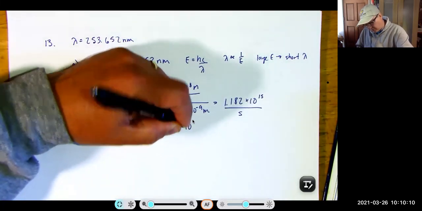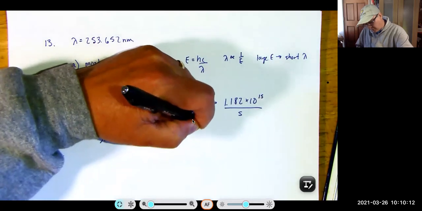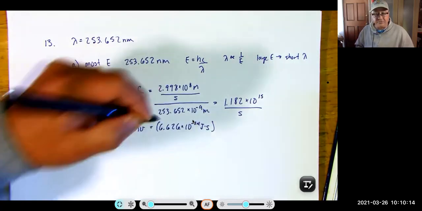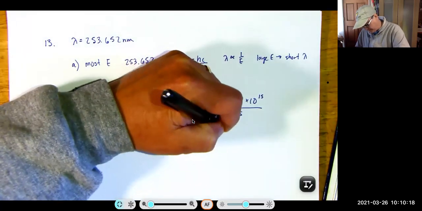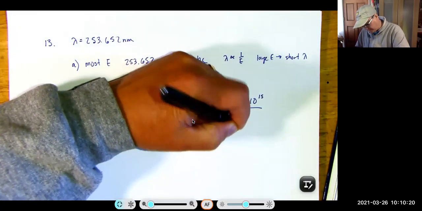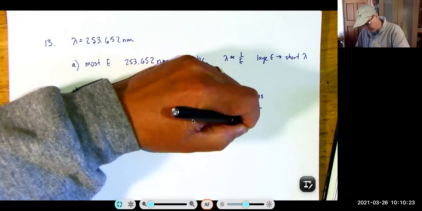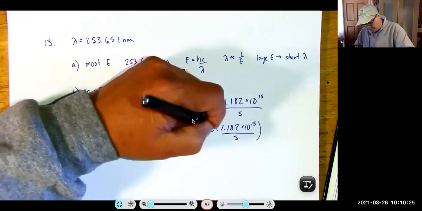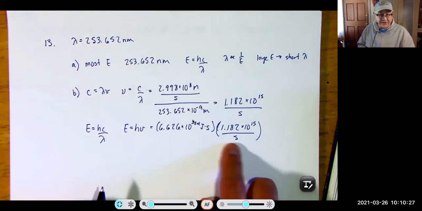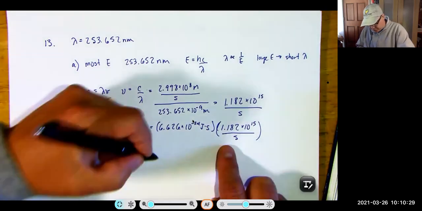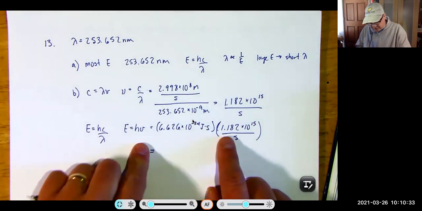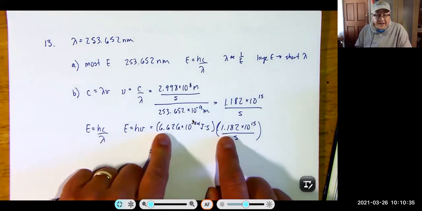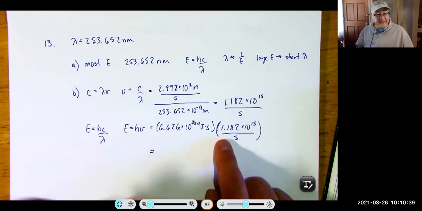In Tony's world, the more you have to do, the more likely it is to make a mistake. So here we can see that the seconds cancel and we're going to be left with joules. And here, if I estimate, the answer is going to end up being something like 8 maybe times 10 to the -19.